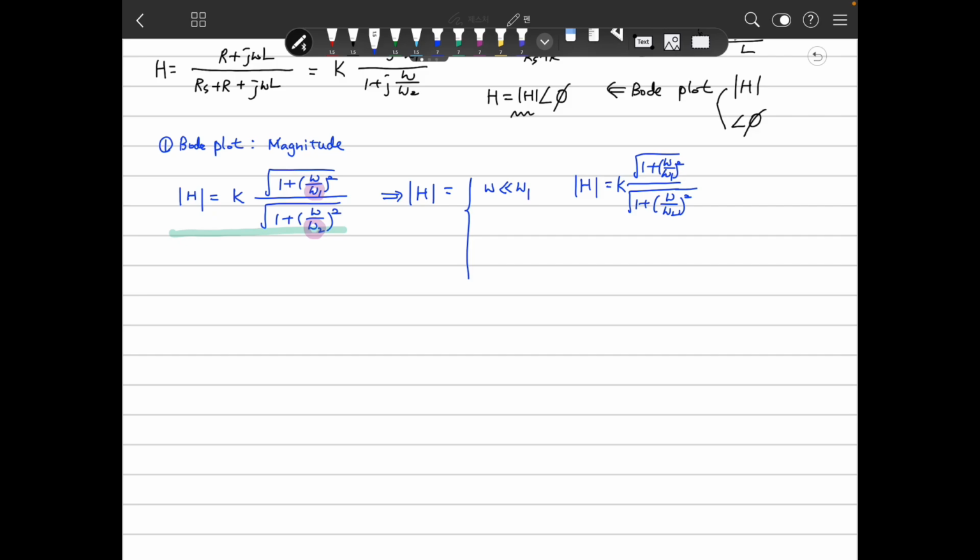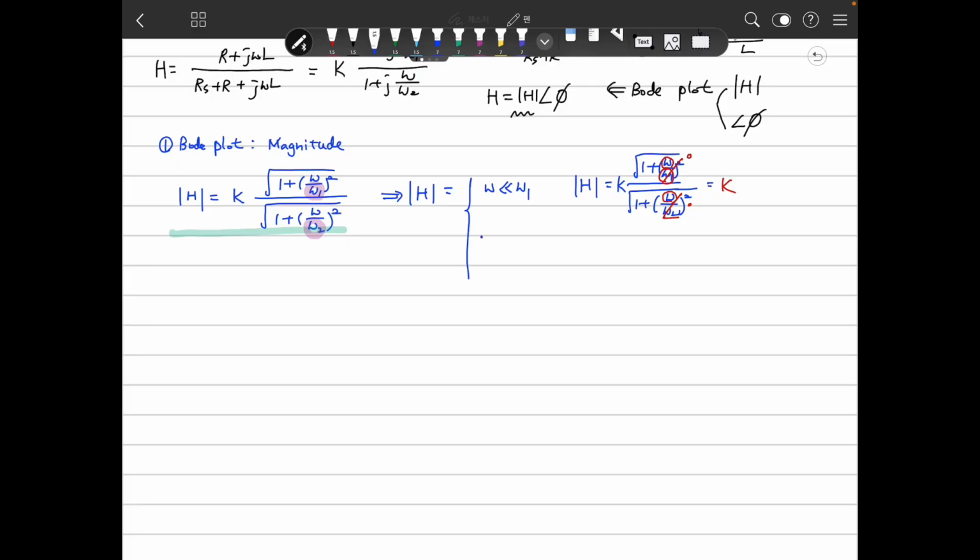Here omega is very small compared to omega 1, and omega 2 is larger than omega 1. So these terms are very small, so they will be 0 and 0. So that will be like k.